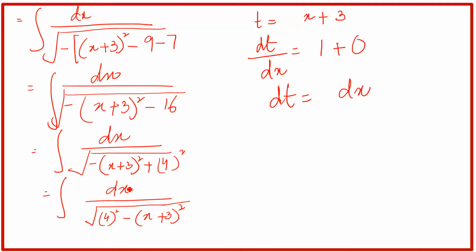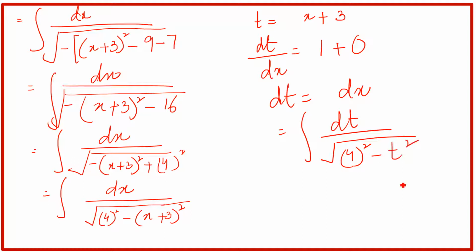So instead of this dx we can write down dt divided by the square root of 4 square minus t square. Again we will suppose that t is equal to 4 sine of theta. See, 2 times we are going to suppose, so at the end we have to substitute the values 2 times.